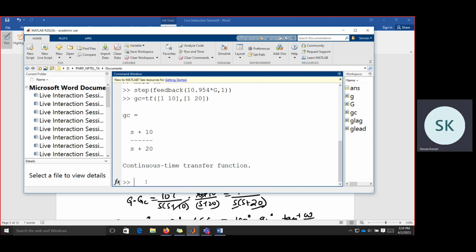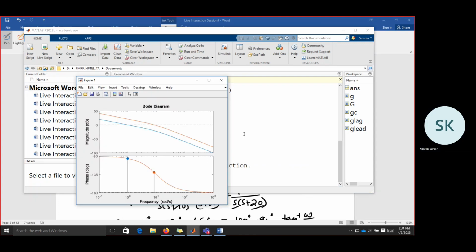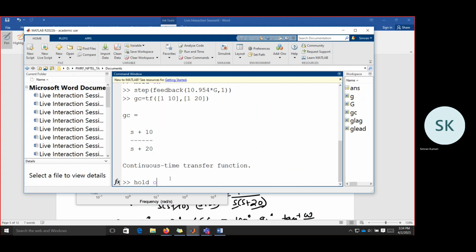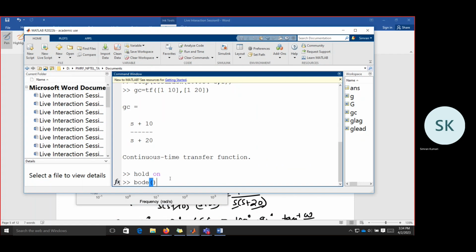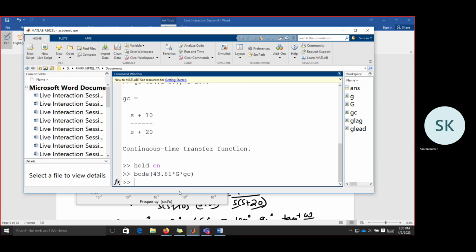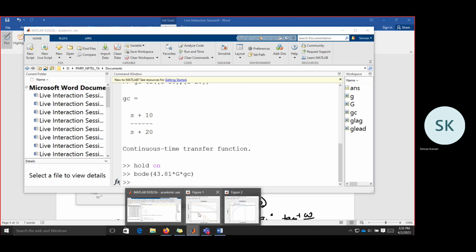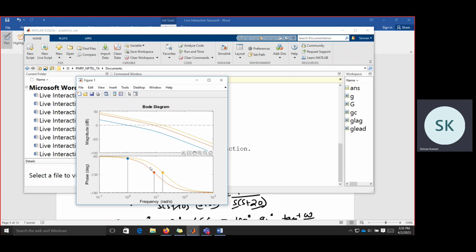Now we have to find the Bode plot of the magnitude, 43.81, times G times GC. Yes, multiplied by GC. So what we get is this yellow plot.